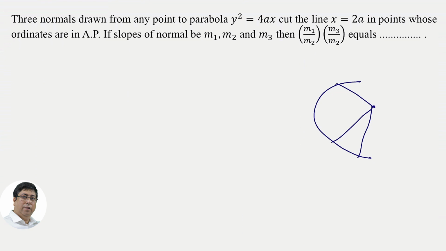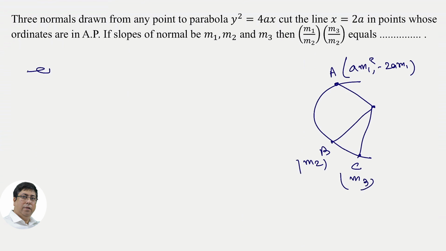First of all, let us calculate, and these are very important. Suppose these points are the feet of the normals. So this is A, this is B, this is C, and this is (a m1 square, minus 2a m1). Similarly m2, similarly m3.